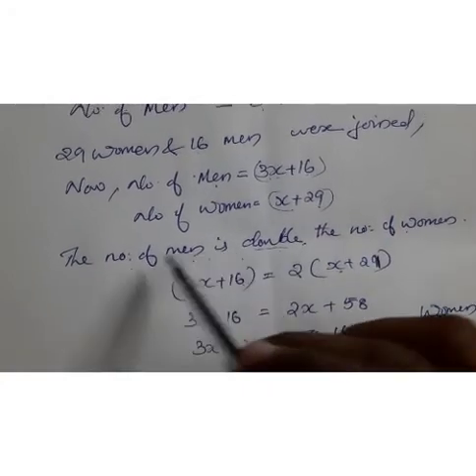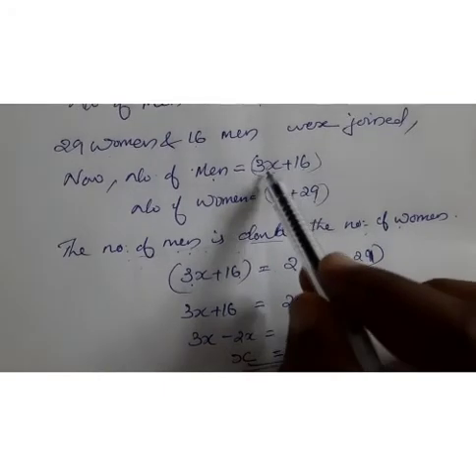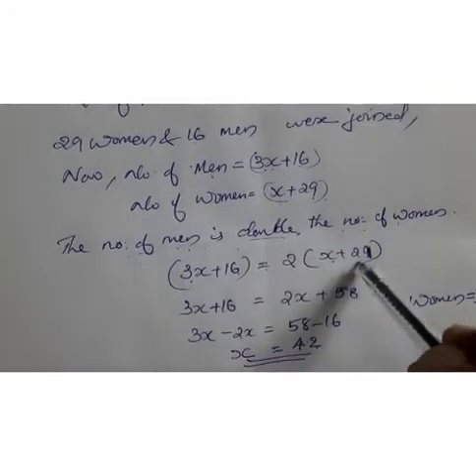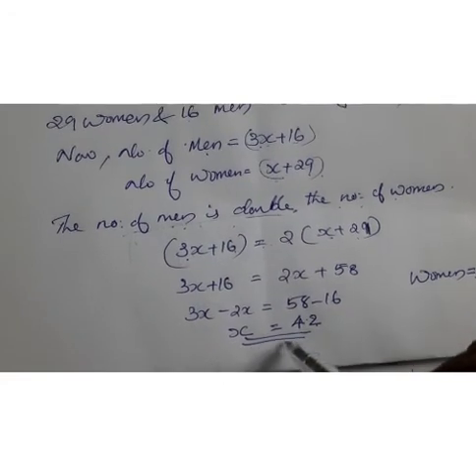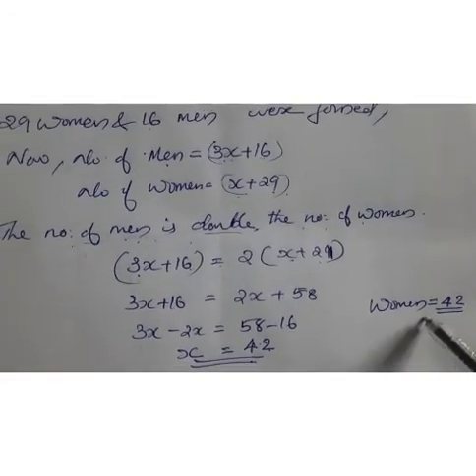So according to this, you have to write the mathematical form of this sentence. So 3x plus 16 equal to 2 times the number of women, and from this you have to find out the value of x. That x is the number of women at first.